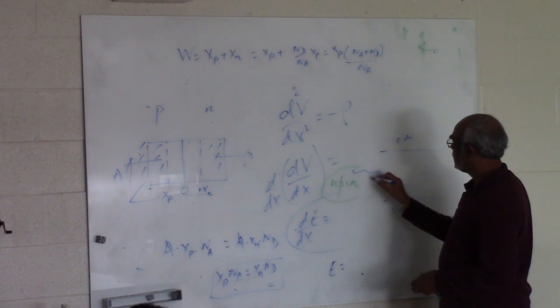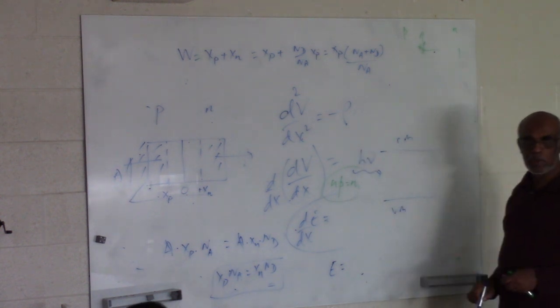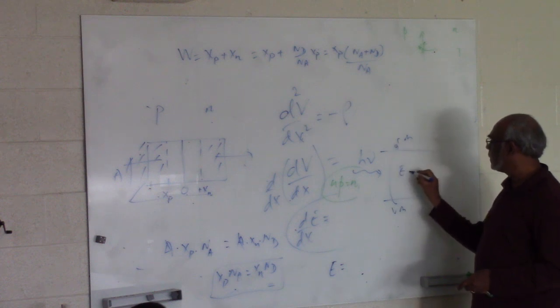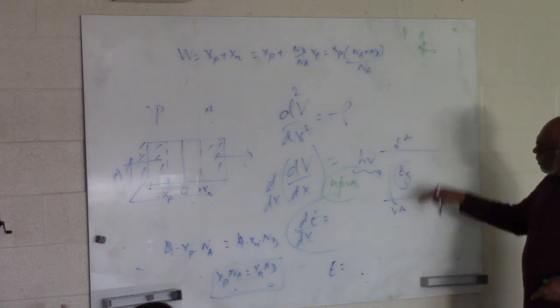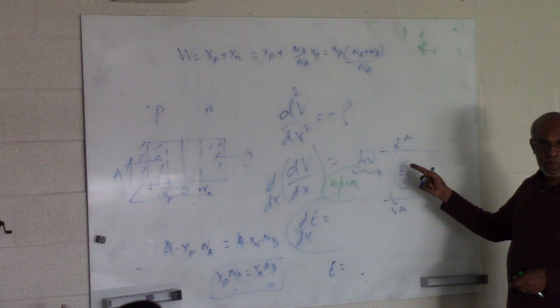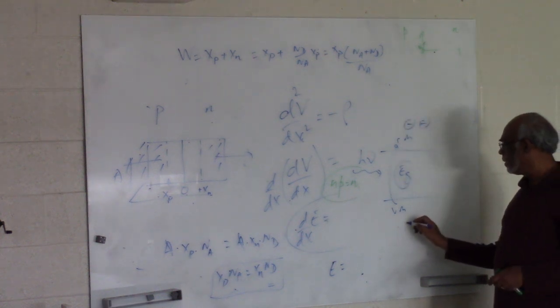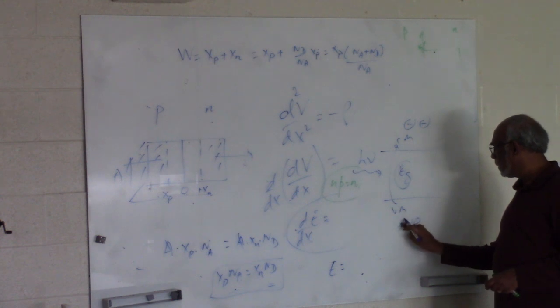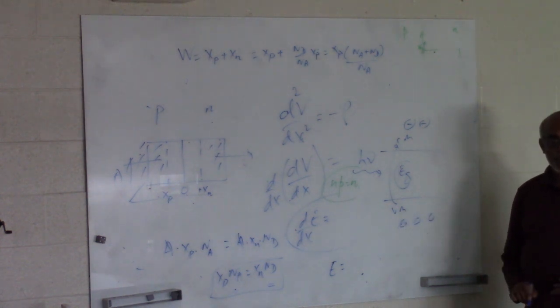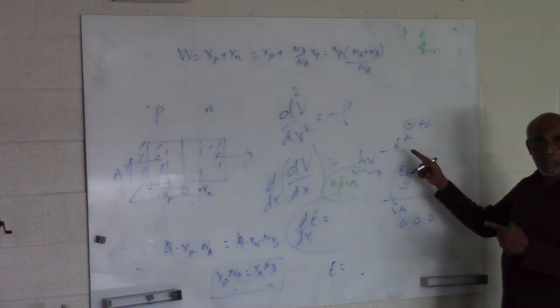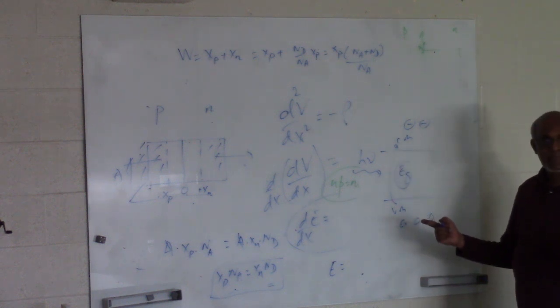I have light coming here with some energy h nu. If this energy is large enough to overcome the band gap, then you will get electrons in the conduction band, and you have holes in the valence band, right? But remember, once we do this, there's already an electric field.